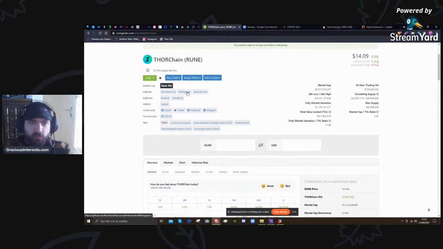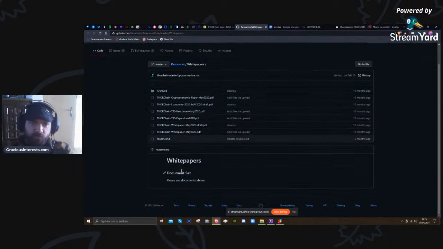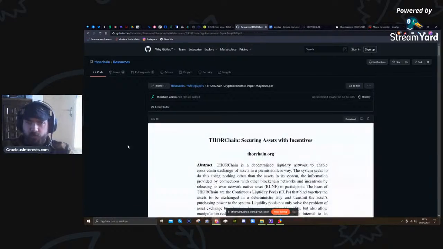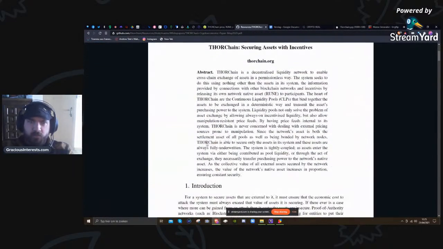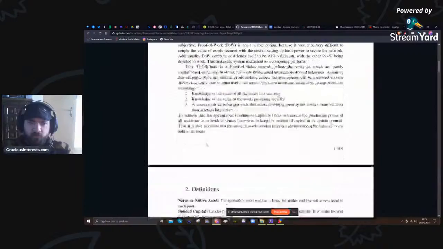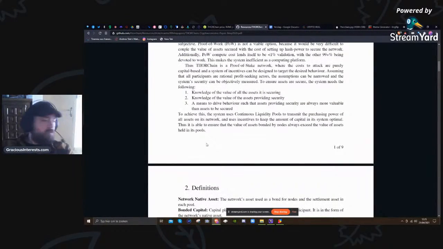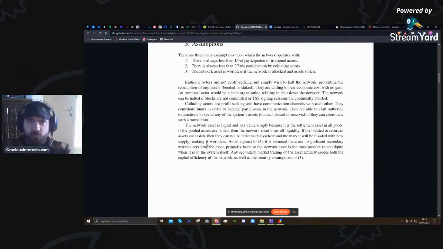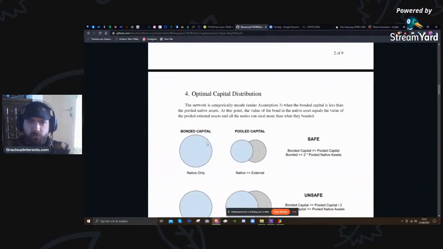I was hopeful, but I'm getting less hopeful here about the project. White paper, resources. You have to be kidding me. Crypto economic. So okay, it's available on GitHub and there's a direct link. Value assets. It is securing definitions, network native assets, assumptions, optimal capital distribution.